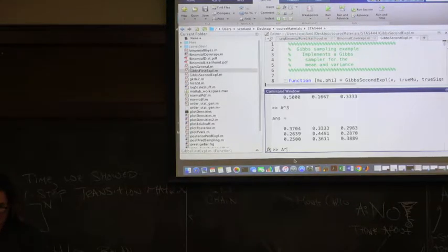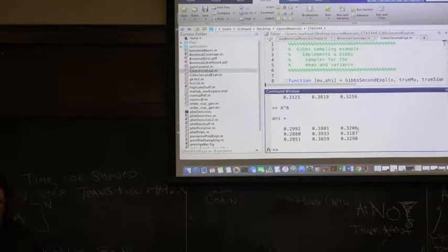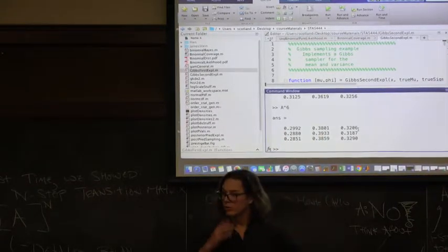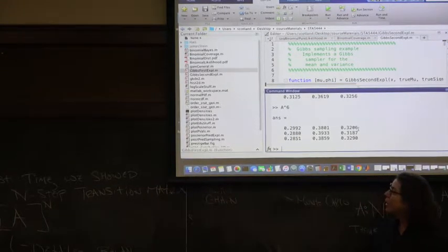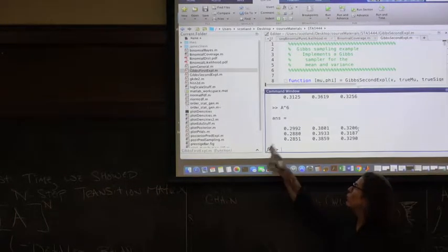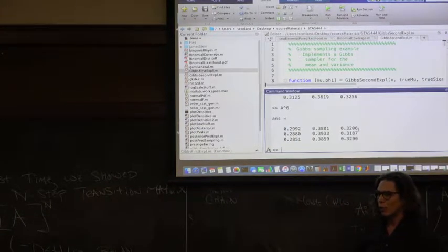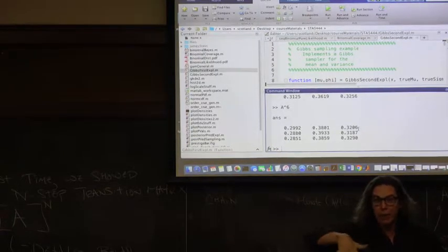Let's just see what happens on a 4th step, 5th step, 6th step. What I want you to see is these numbers are starting to look more and more similar. While these numbers are different right here, the probability of arriving in state 1 when I started at state 1 is about 0.3, and the probability of arriving in state 1 after starting in state 2 or state 3 is about 0.3.